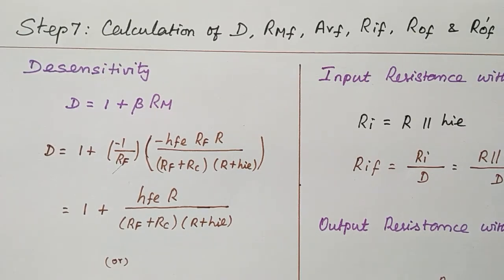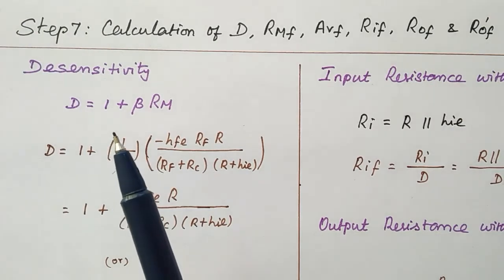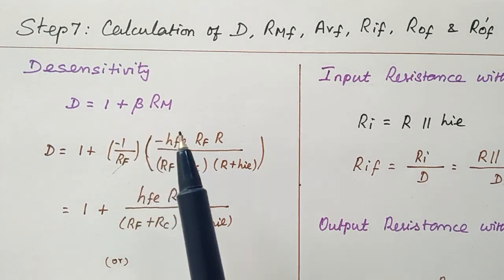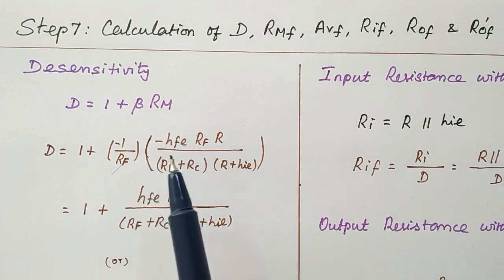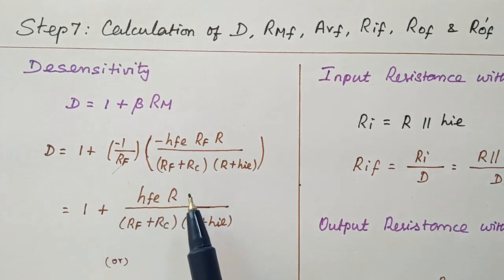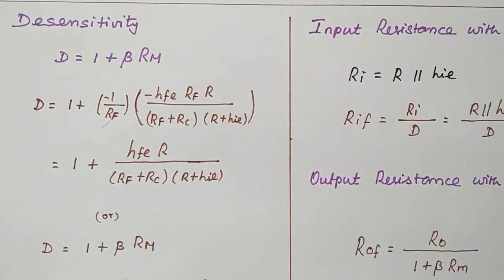First, the desensitivity. So the desensitivity is nothing but D is equal to 1 plus beta RM. We substitute R value and RM value and beta value here. The RF gets cancelled. Finally, we get 1 plus HFE R by RF plus RC into R plus HIE. Otherwise, we can write directly the expression 1 plus beta into RM.